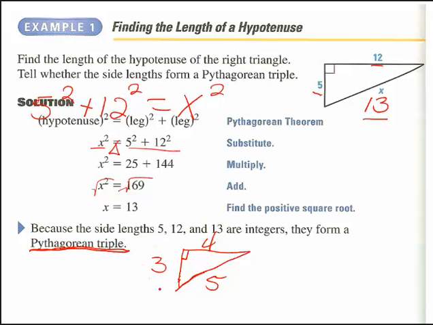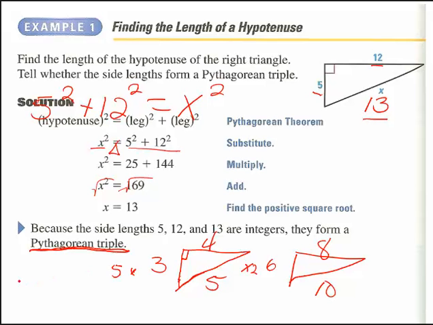If I have multiples of these, it's also a Pythagorean triple. So I could have 6, 8, 10 because I multiplied all three sides by the same number, by 2. Then 6, 8, and 10 would also be a Pythagorean triple. What if I multiplied them by 5?